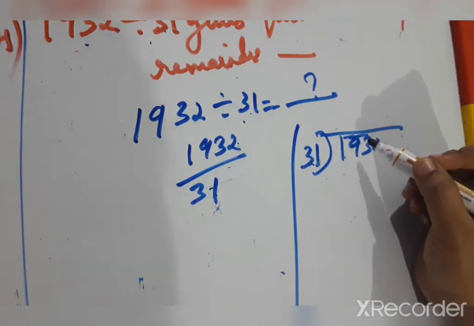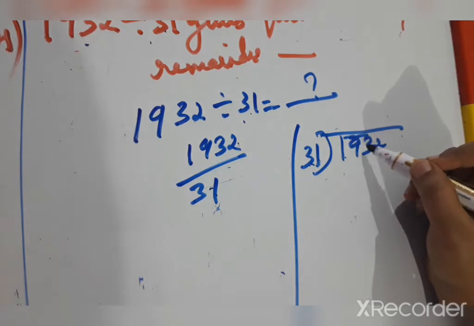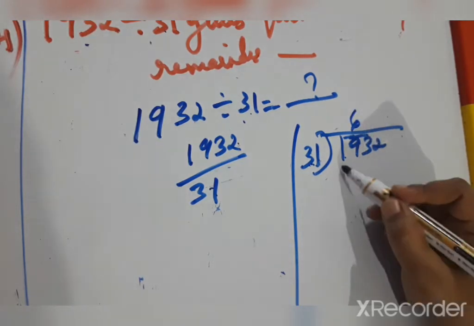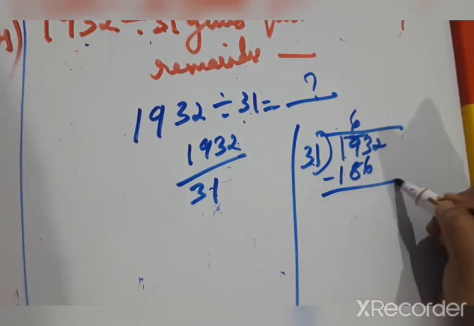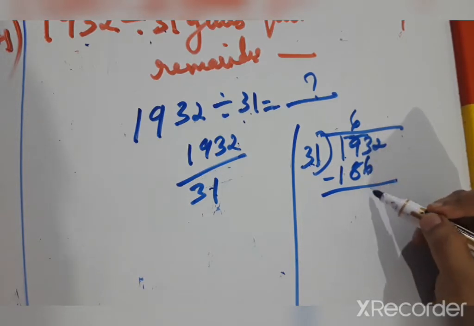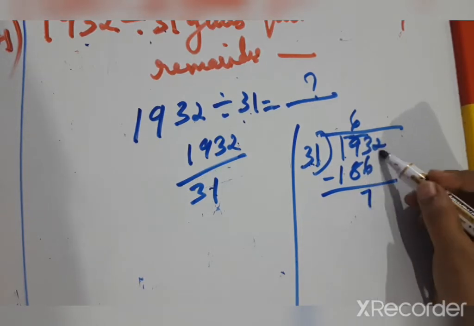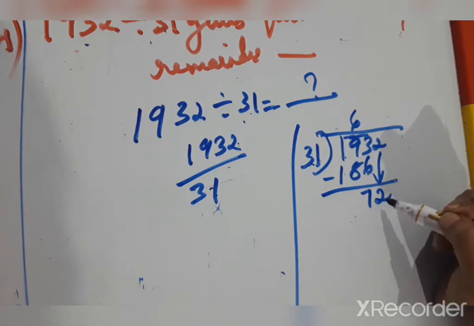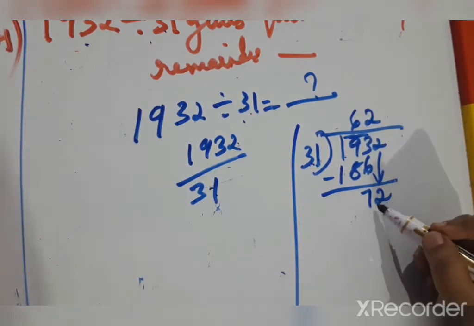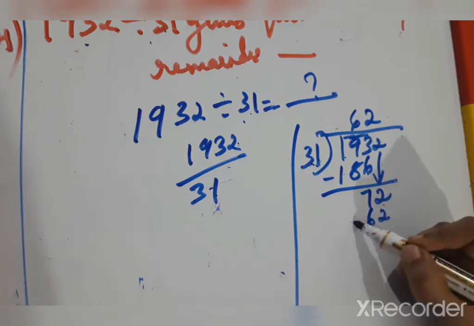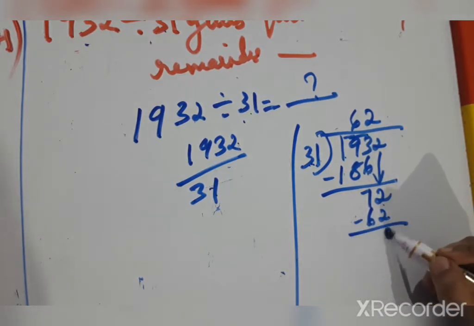31 sixes are 186, that is the nearer one to 193. After subtraction here we get 7, and bring this 2 down. Now 72. The nearer is 31 twos, which are 62. 72 minus 62 means 10.